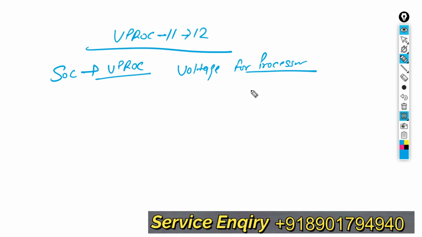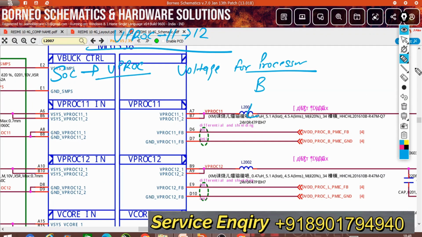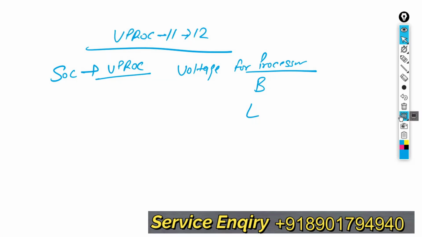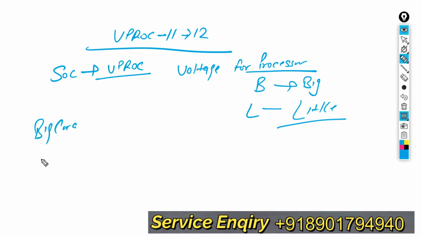Now when you look carefully, I will show you, there is a coil B and L, like here: this is B and this is L. VPROC 12, VPROC 11, BL. Now what is BL? Let me tell you. B means a big core, and L means a little.